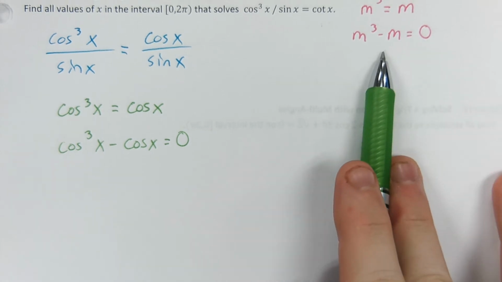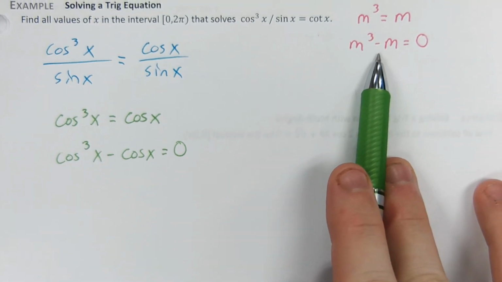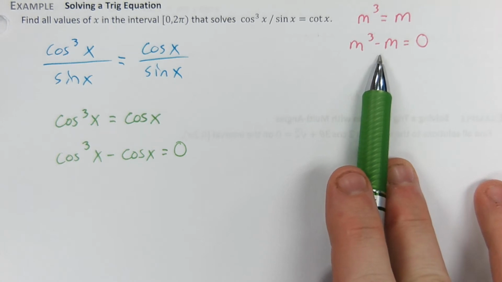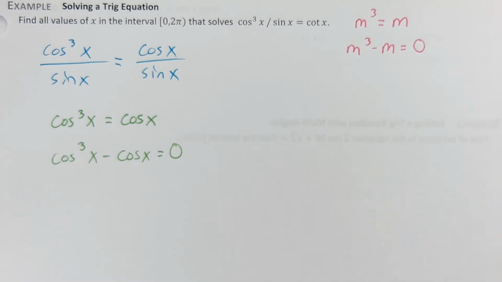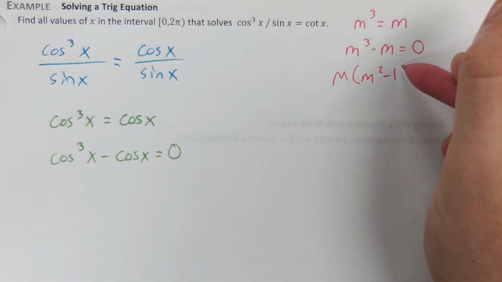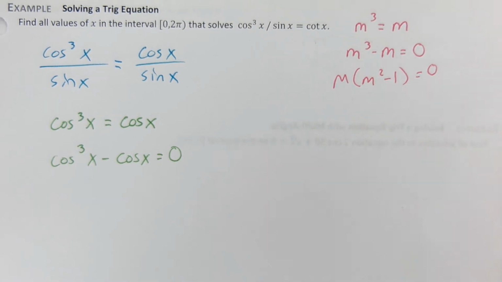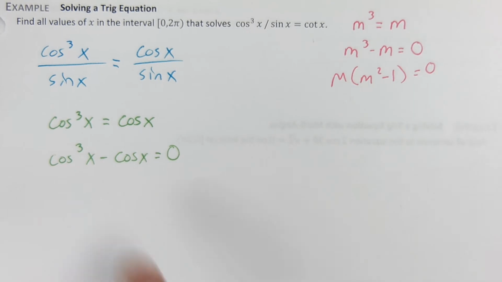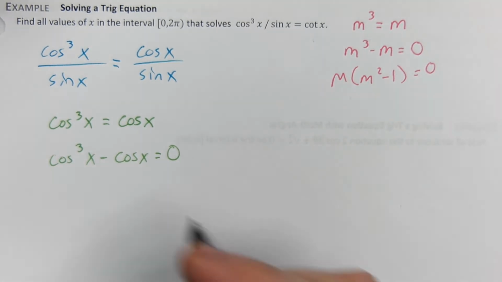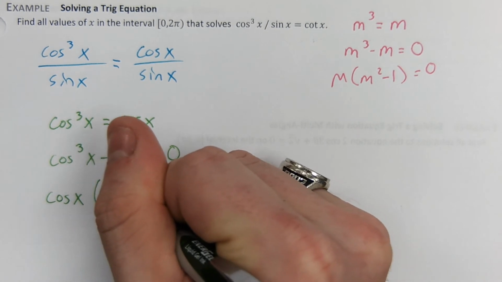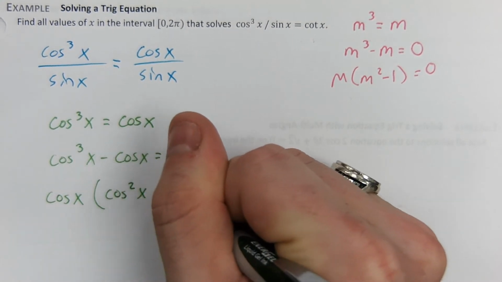Again, let's look here. You're going to have to factor this, so what do we see? Take out an m as a GCF, correct? Clearly, our m is standing in for cosine of x. We pull a cosine x to the front. It leaves behind a cosine squared x minus 1.